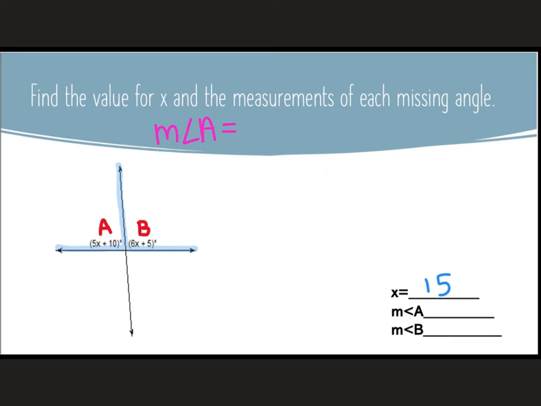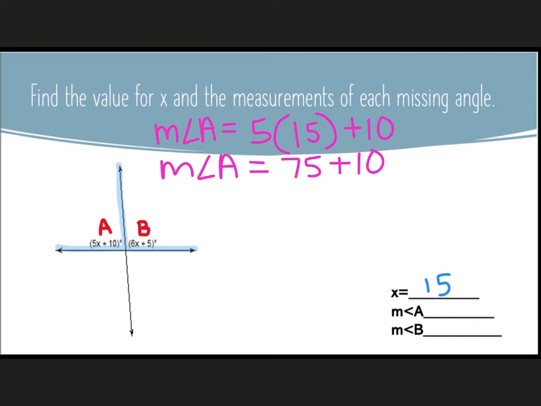All right, let's solve for the measure of angle A first. Measure of angle A was 5 times your x, which I'm going to substitute, 15, plus 10. So the measure of angle A, 5 times 15 would give me 75. 75 plus 10 tells me the measure of angle A is 85 degrees.